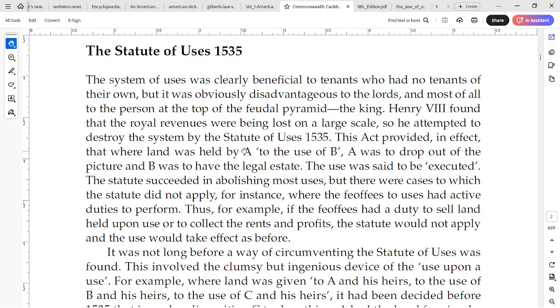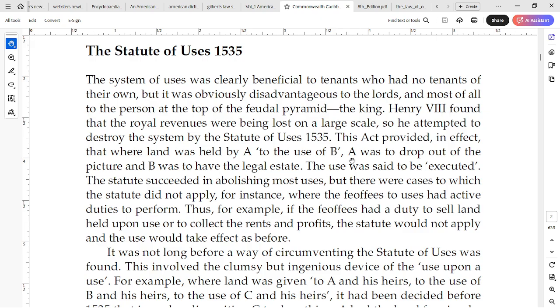He would have just held the land for B, and B would still have collected his rents and enjoyed the fruits of his land without having to pay the king anything, because A was just a passive trustee holding the land and A had nothing to give. So if they tried to go after A for anything in the land, A had nothing to give because B was still collecting his rents and his profits, and they didn't know where B was.